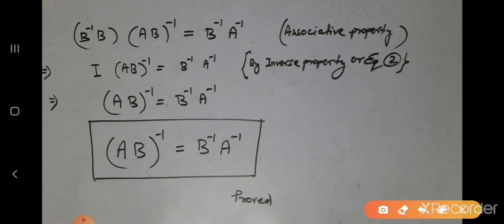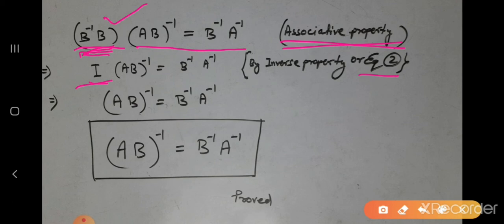B inverse is grouped with B, make one bracket and the remaining are the same. So B inverse B. Next step, from B inverse B we apply the inverse property: B inverse B will be I, as you can see from equation 2 in the beginning.